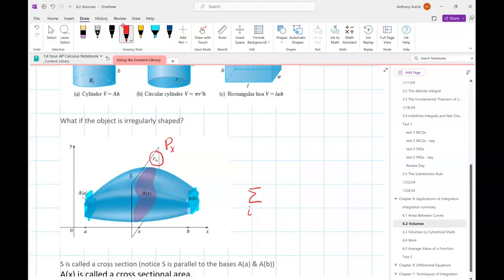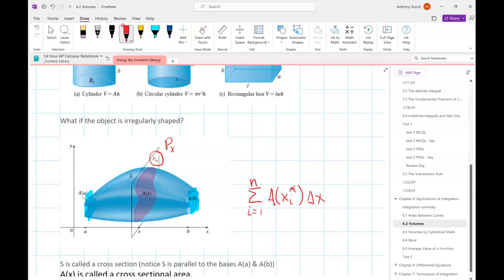So if we just take the sum of our cross-sectional areas for each slice, and then the thickness of that slice I'm going to call delta x. That'll be like the height of our cylinder, or of our regular solid that we're approximating.